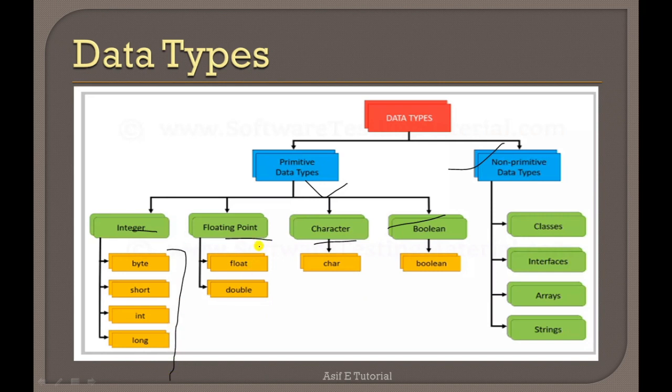And floating point means the numbers which have a decimal point will be stored in float and double. And for character there is the char data type, and for boolean there is only the boolean data type.